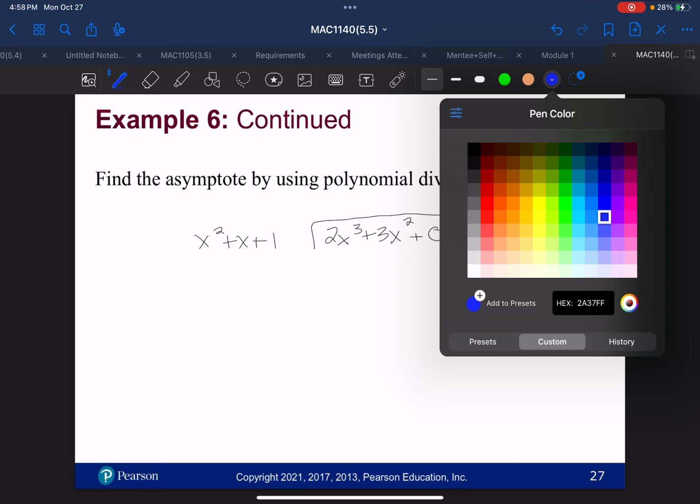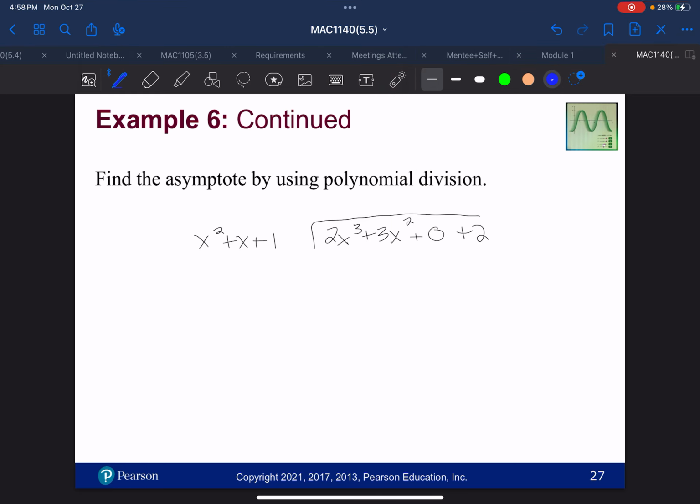I misspoke there. You cannot use synthetic division because we are not dividing by a linear factor. This is not linear, so you have to use polynomial long division. You can only use synthetic division when you are dividing by a linear divisor. Okay, so back to this.